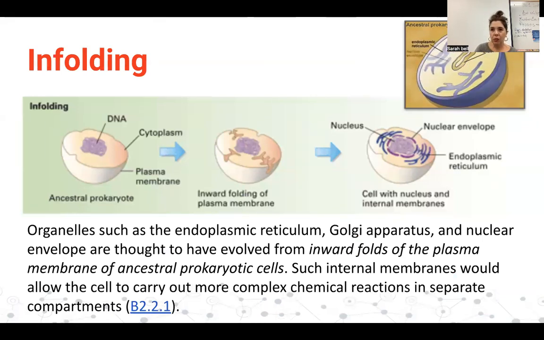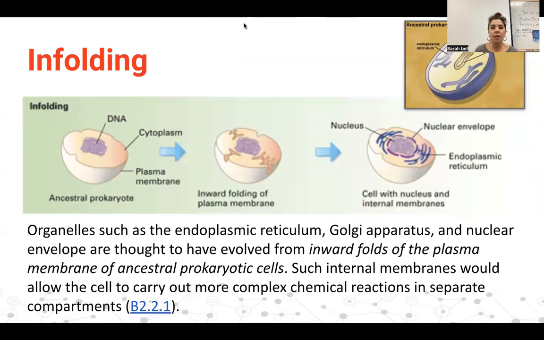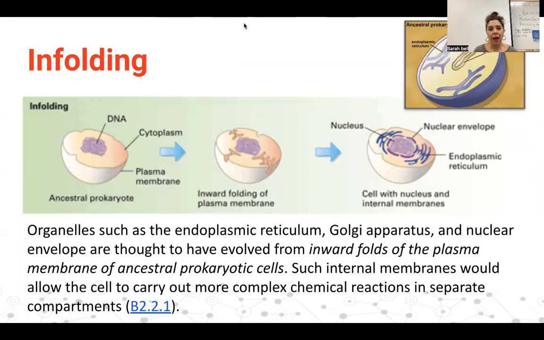Infolding is pretty straightforward, and you can see this little GIF that will keep repeating in the upper right-hand corner of the screen. Essentially, organelles like the endoplasmic reticulum, both smooth and rough, the Golgi apparatus, and the nuclear envelope are thought to have evolved from this process called infolding.